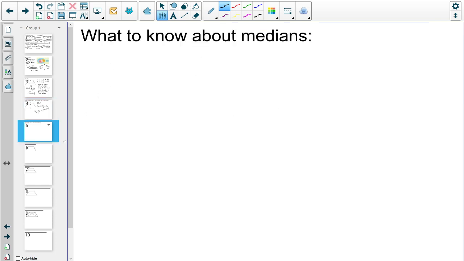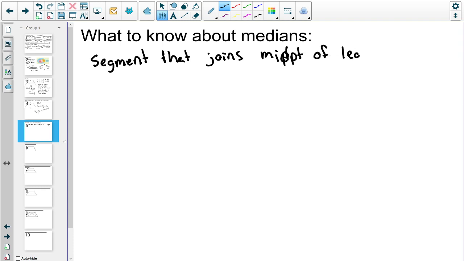So what to know about medians? The median is the segment that joins the midpoints of the legs on a trapezoid, of course. It is parallel to both bases.